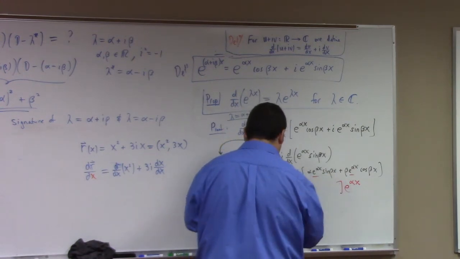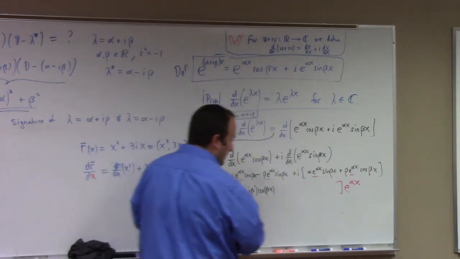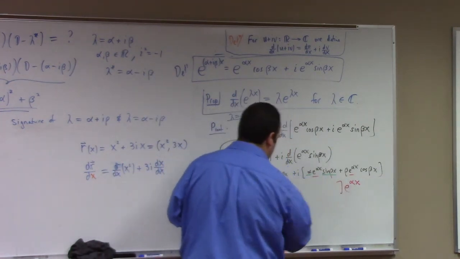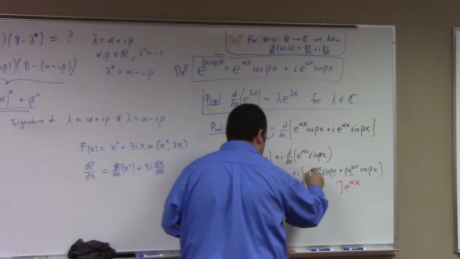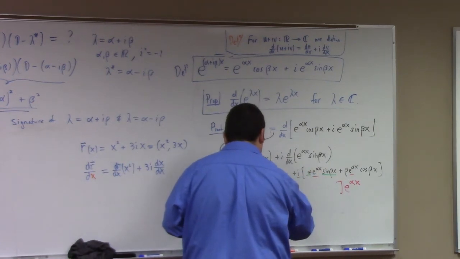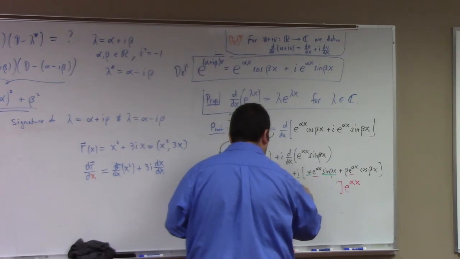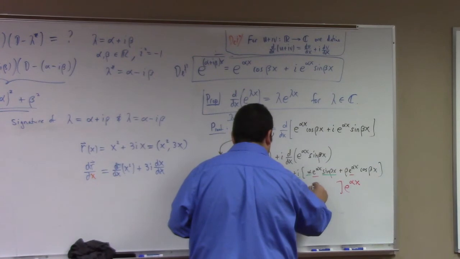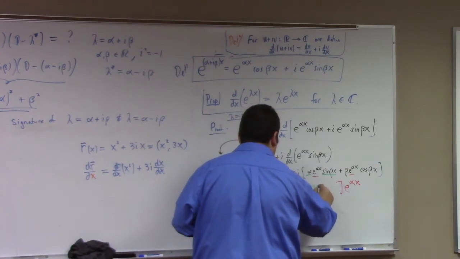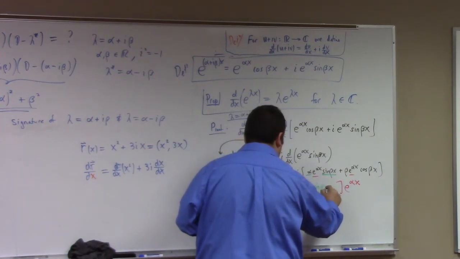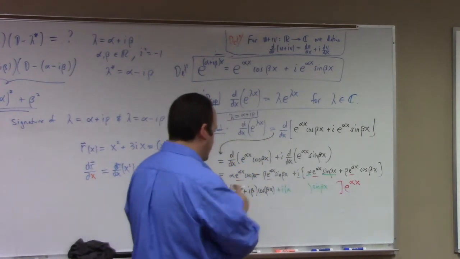Oh, I've got an alpha sine beta x here, right? So let's say, oh, but there's an i. So plus i times alpha sine beta x, yeah. So that's just that term.